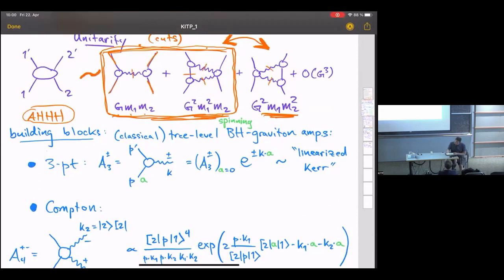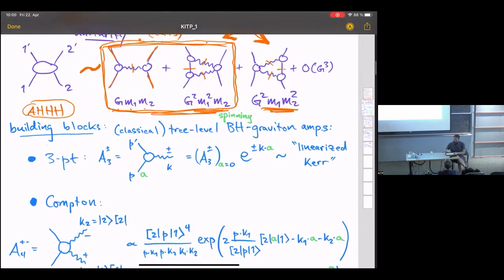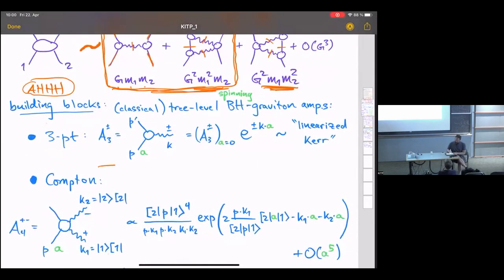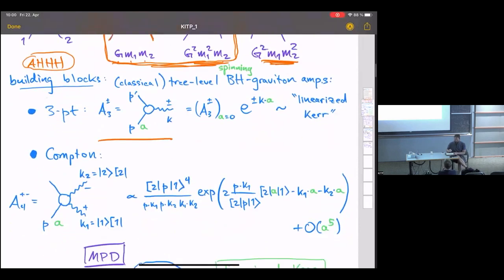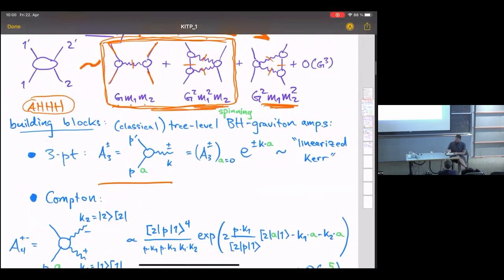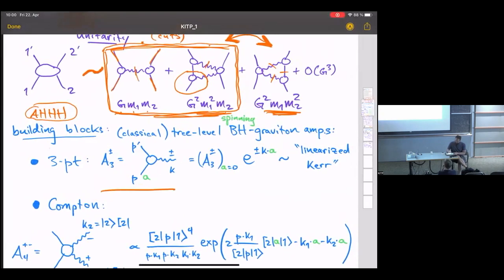for the amplitudes people, but they're built out of, you can see, just two basic building blocks: a 3-point amplitude, which we see, for example, here, or here, and a 4-point Compton amplitude.